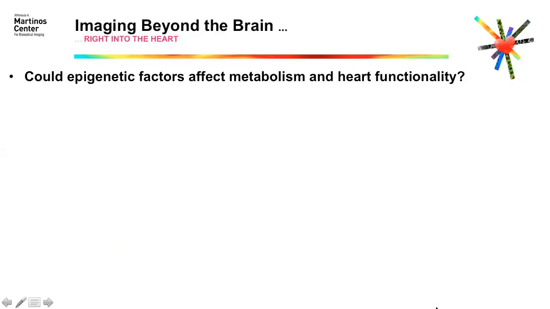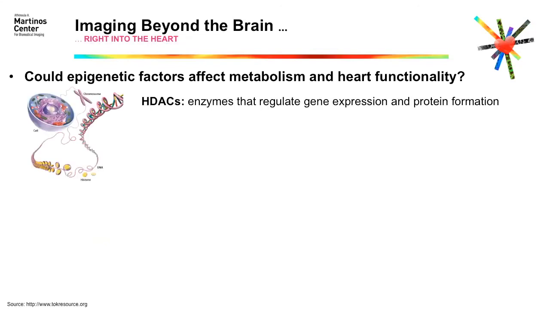And the last example is using MSTAT, which is an HDAC receptor radiotracer, the Martinos stat developed by Jacob's group. We can eventually visualize the effects of epigenetic factors affecting the metabolism in the heart.